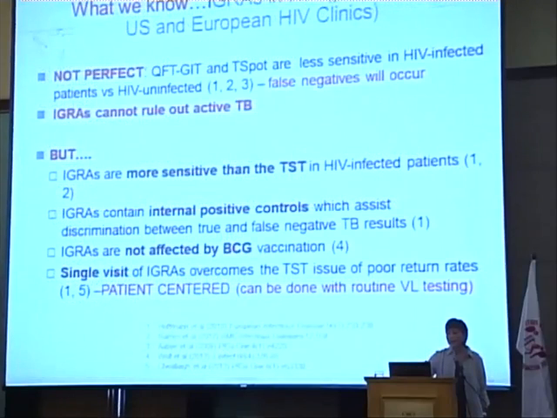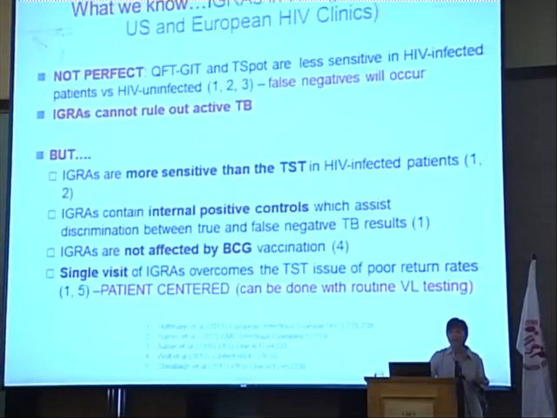But I just want to end with this slide here, that the testing is not perfect, okay, with either assay, but it is more sensitive than the skin test, and IGRAs have internal controls. IGRAs also are not affected by BCG, and because it's a single visit, it's really much better for the patients that have a hard time coming back.